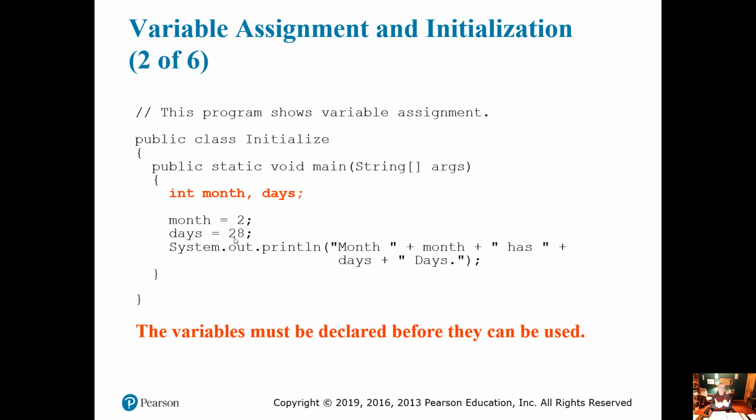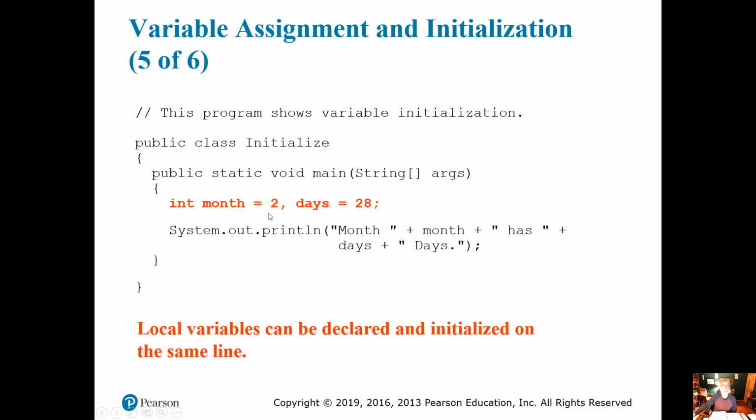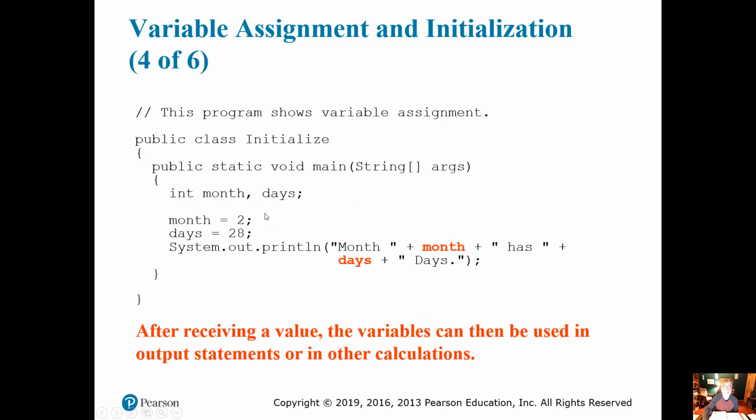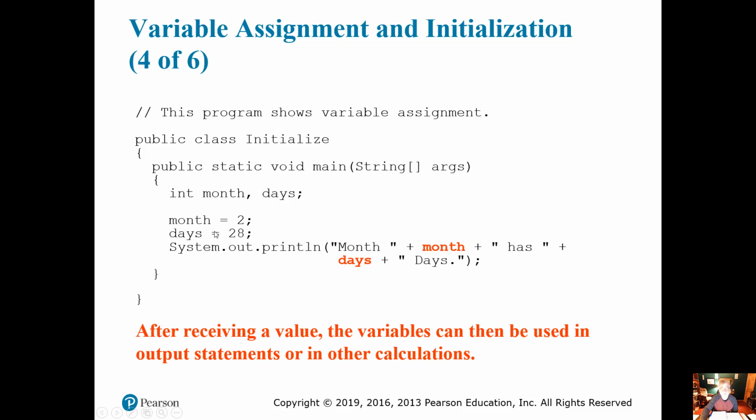If I change month to 3 and days to 31, for March 31, the 2 and the 28 are gone. Anyway, I can only store one thing at a time. So once I declare them, I can initialize them, and then I can use them.